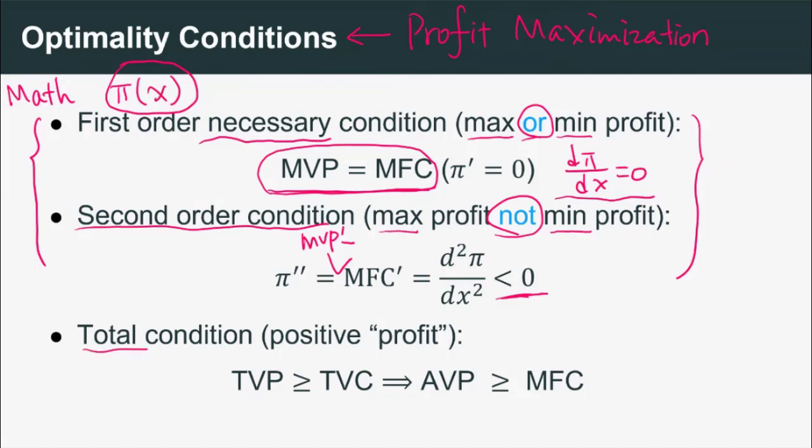So there's actually another condition. It's called the total condition in production economics.